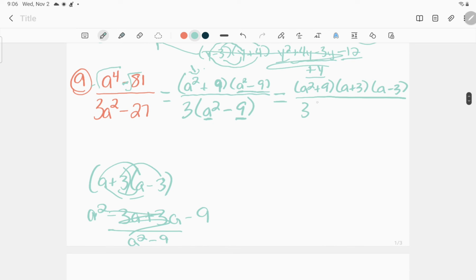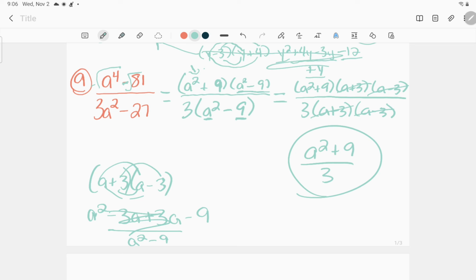And then on the bottom, I'll have the same thing. So this is the same and this is the same, so they cancel. And it leaves me with a squared plus 9 over 3. And that is your answer.